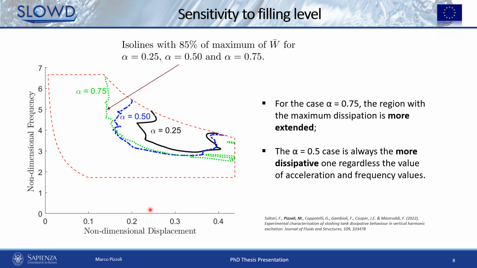And it can be seen that the case with 75%, so this one, turns out to be the one with the region having the larger extent. However, the most dissipative case is the one with 50% filling level, where the highest absolute values are found.